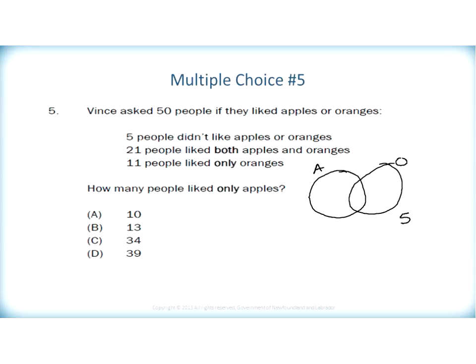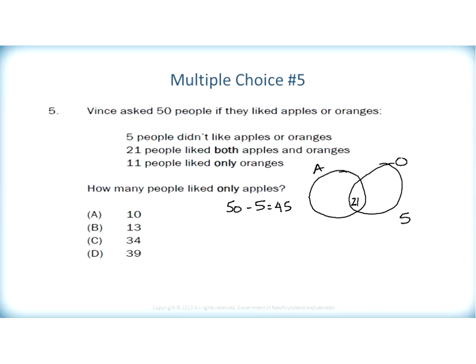21 people like both. So that is the intersect. We have to determine how many people like only apples. So let's see, we have the 50, subtract the 5 that is not included in the union, would be 45.